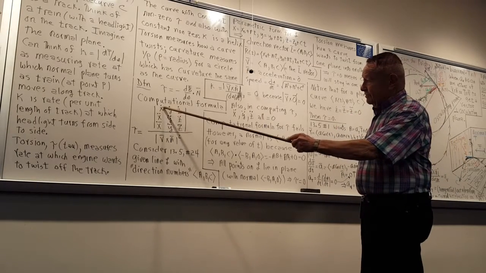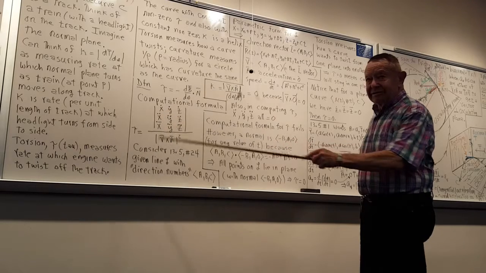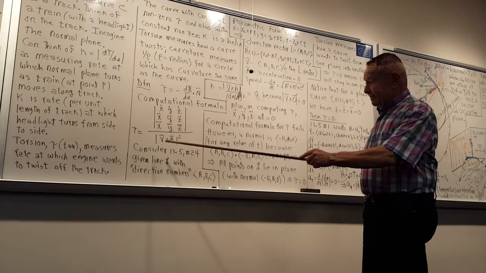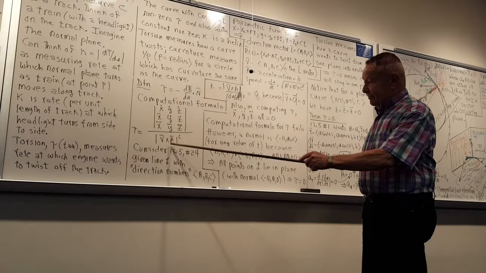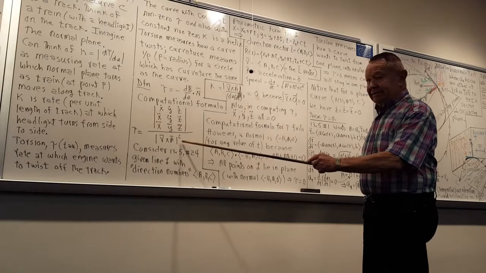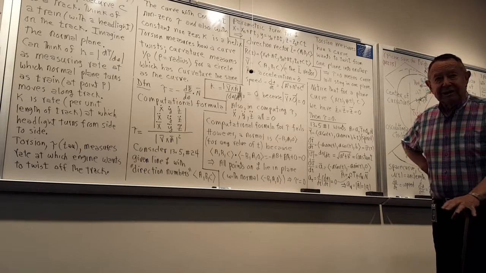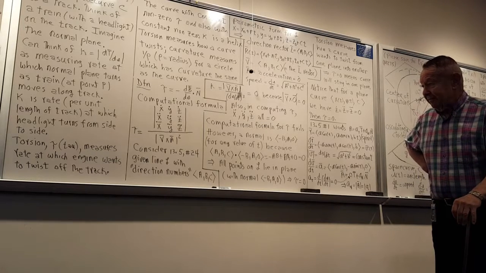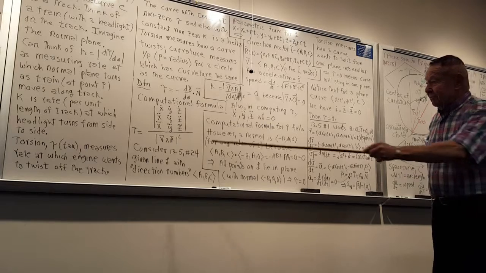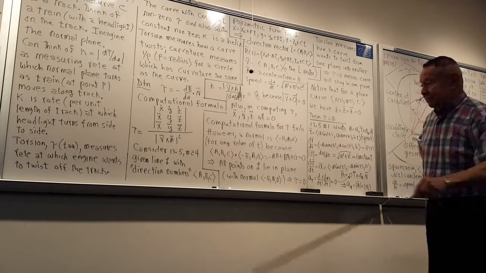So this is first derivative, second, third. And the denominator is the V cross A magnitude squared. In other words, it's V cross A dot V cross A. Okay, so we have a way then to compute torsion.